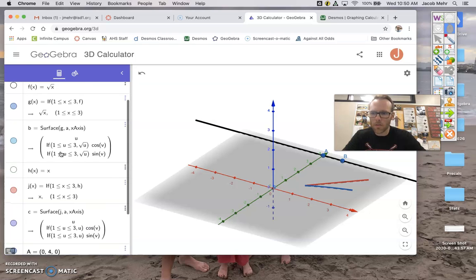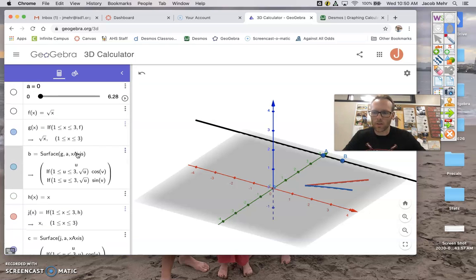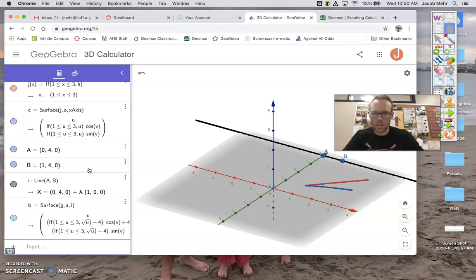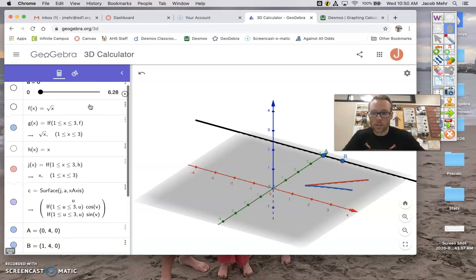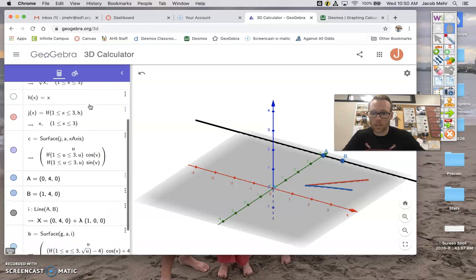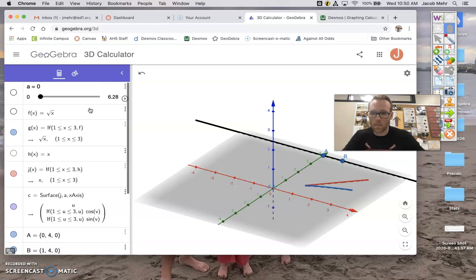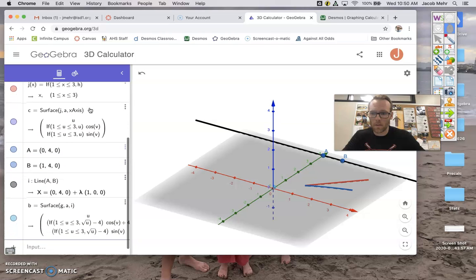So now I'm going to come up here and change the line that we're rotating, and let's see if I just put an I in. Let's try this one too.